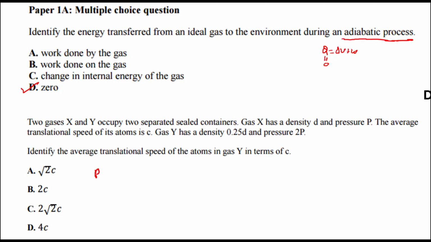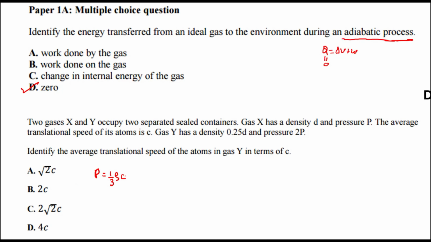Pressure of an ideal gas is given as P is equal to 1 over 3 rho times average translational speed square. So in this equation, for the gas X the density is D, and for gas Y, the density is 1/4 of D. 0.25 D is nothing but D by 4.